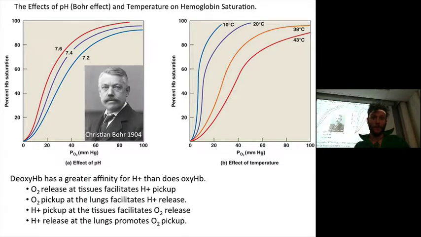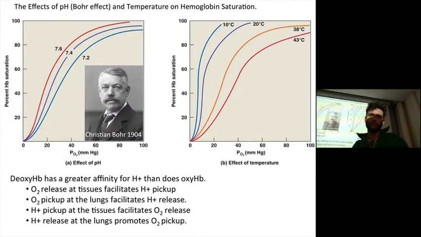All right, so let's get on to Christian Bohr, Niels Bohr's lesser known cousin. This Bohr effect is the effect of pH on the saturation curve. Both pH and temperature are going to affect these curves.